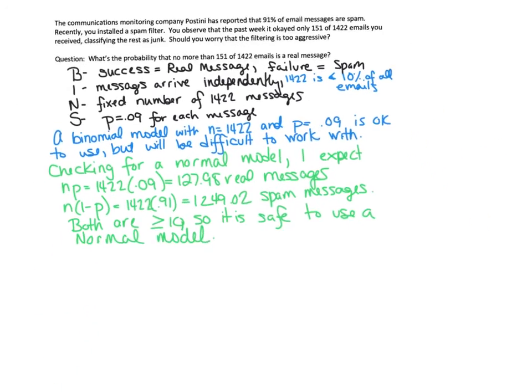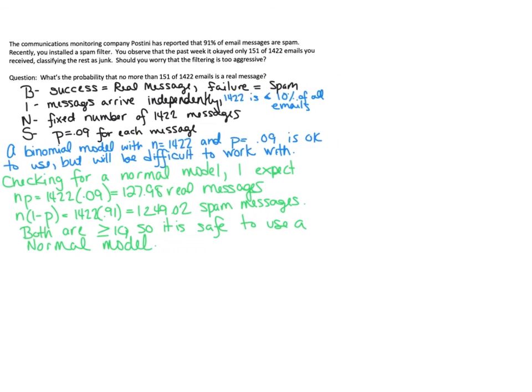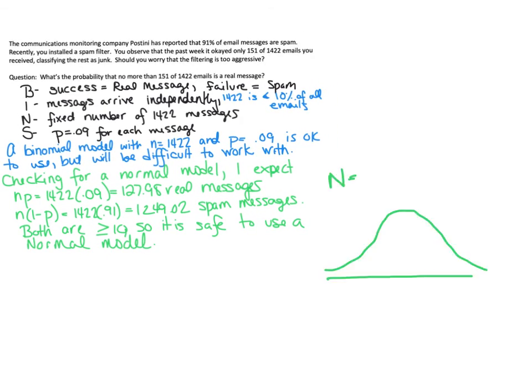All right, so if I'm going to use a normal model, I'm going to draw it and find the parameters of my normal model. And how do I get that? Well, I'm going to need my mean and my standard deviation. So from my formula sheet, my mean for binomial is n times p, which is 127.98.